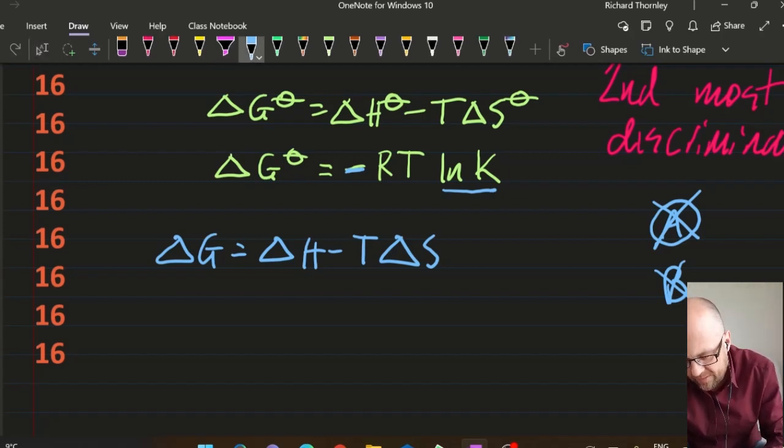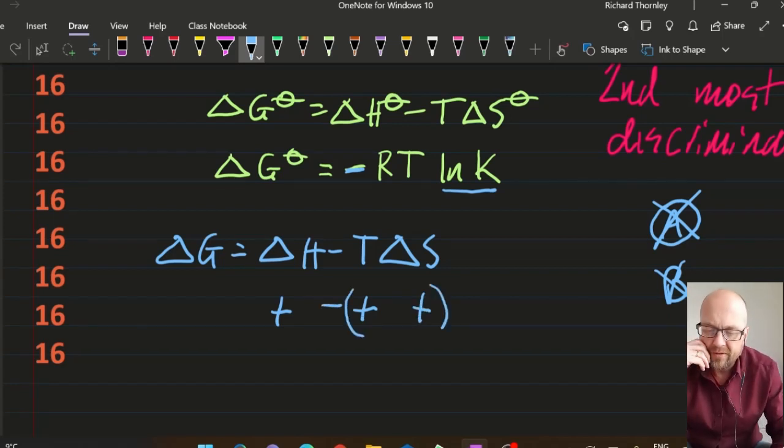So as I heat it up, that's plus, that's plus, that's plus. And so that's the plus and minus distribution for increasing temperature means increasing spontaneity.